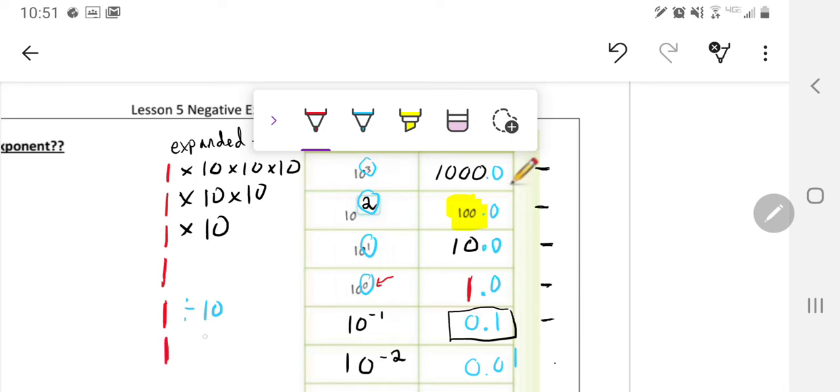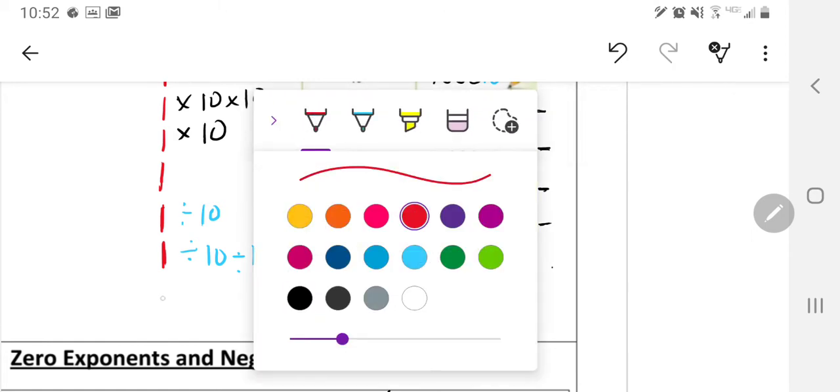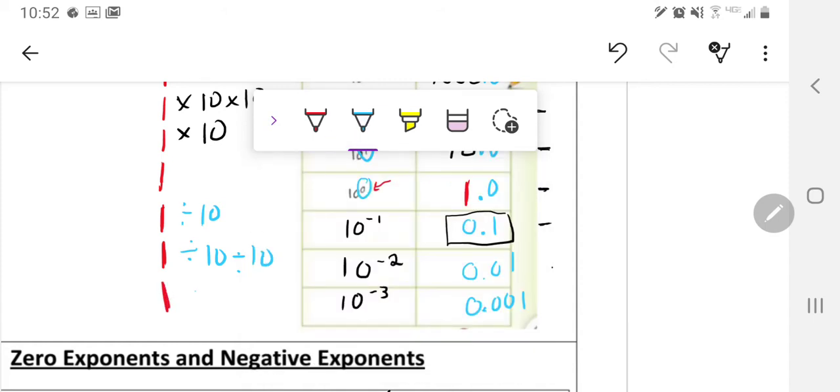And then 10 to the negative 2 would be divided by 2 tens. All right, so let's try this last one. What would be in this last column? 10 to the negative 3, we'd get 0.001, which is 1,000th. So then we have the 1, and we're going to divide by 3 tens.